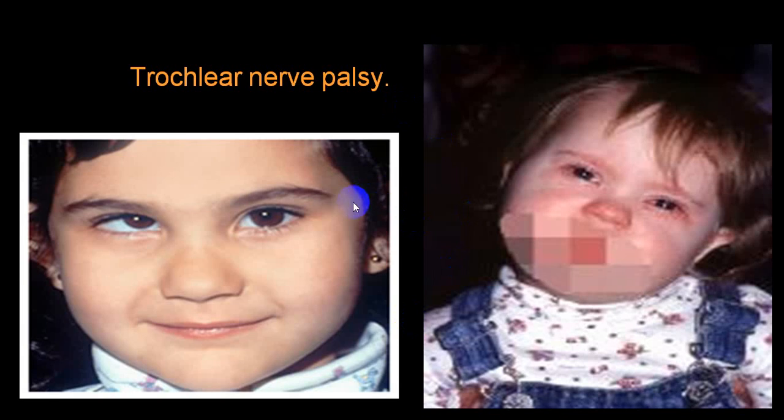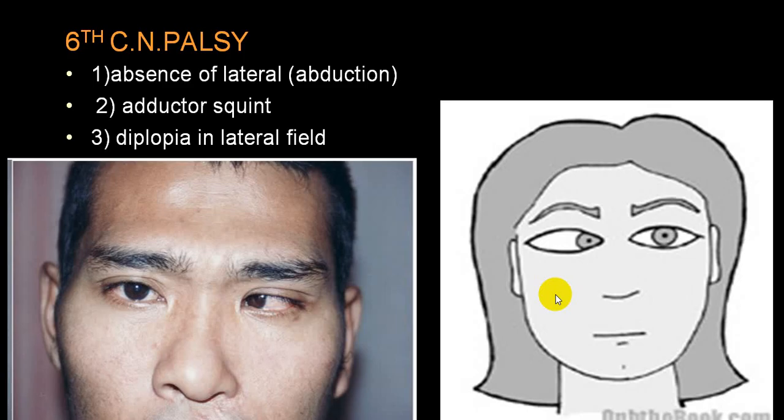You can see here in a normal head position, this eyeball is moved upward and medial. That will be a typical squint because of fourth cranial nerve palsy. To adjust that, they tilt the head so that the axes of both eyeballs become parallel.